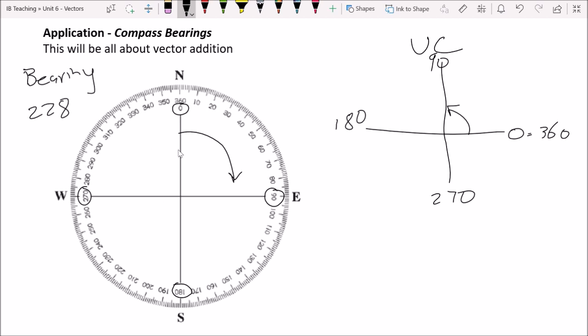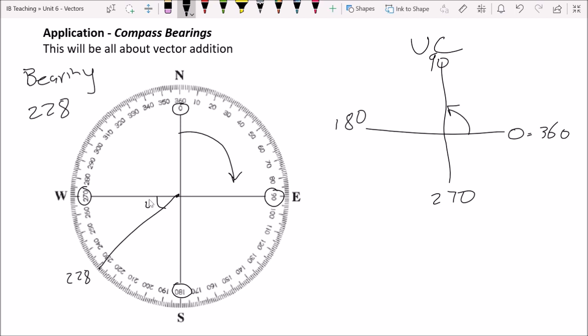If 180 is down here and 270 is over here, 228 is right about there. To figure this out, I'm going to figure out how far 228 is from 270. Let's do 270 minus 228, and I get 42.